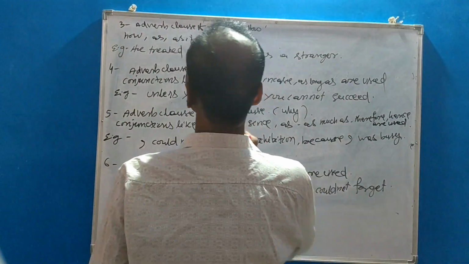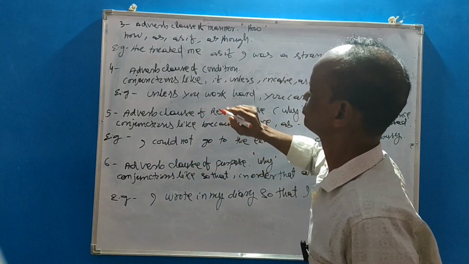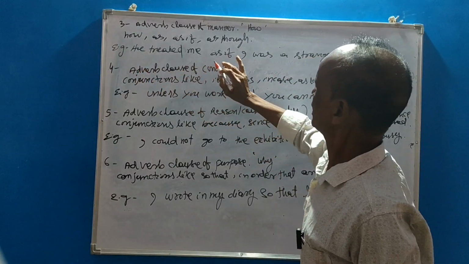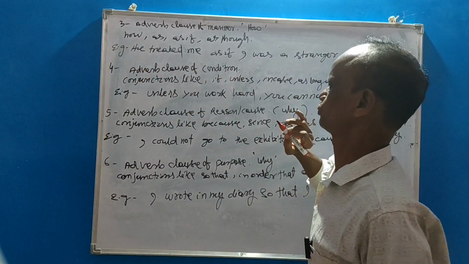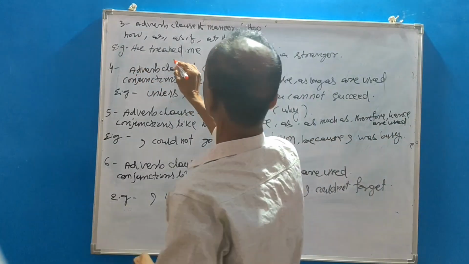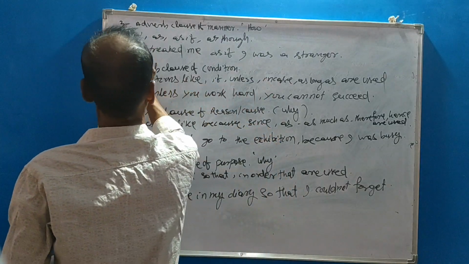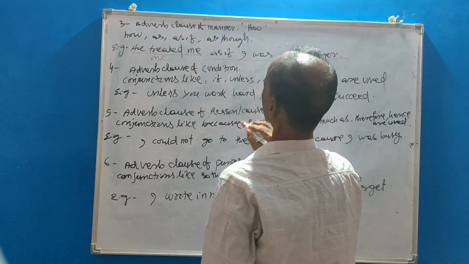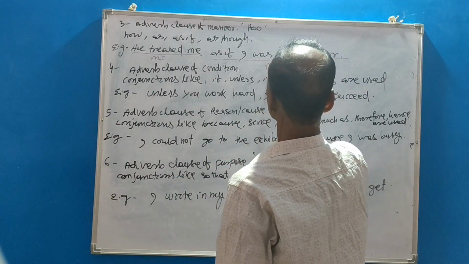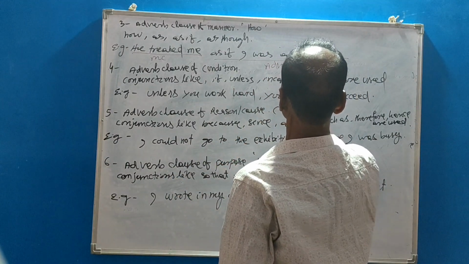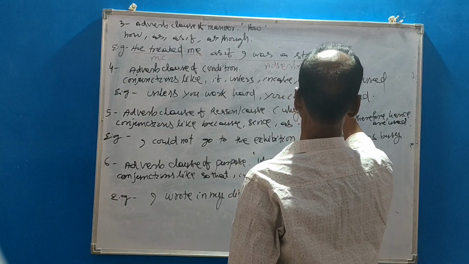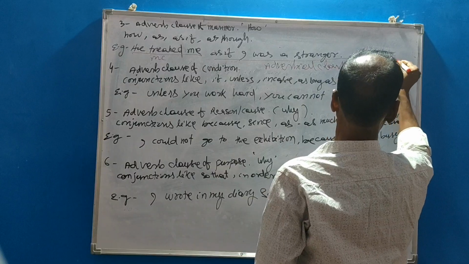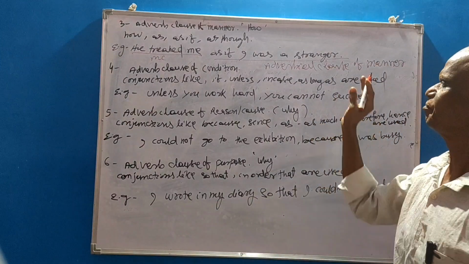Next. Adverb clause of manner. Conjunctions like how, as if, as though are used. For example, he treated me, the main clause, as if I was a stranger. This is the adverbial clause of manner.